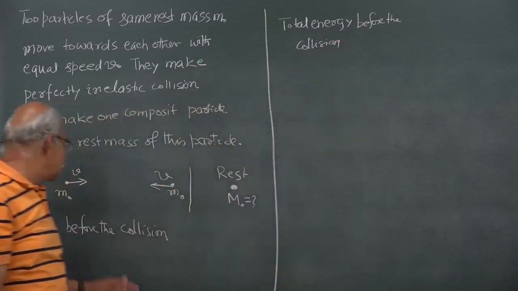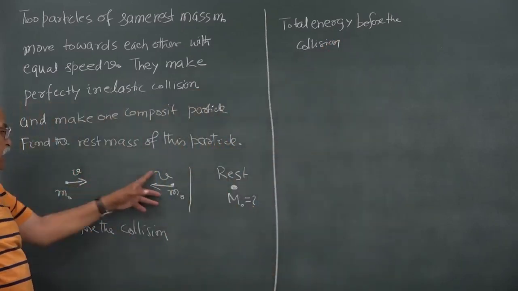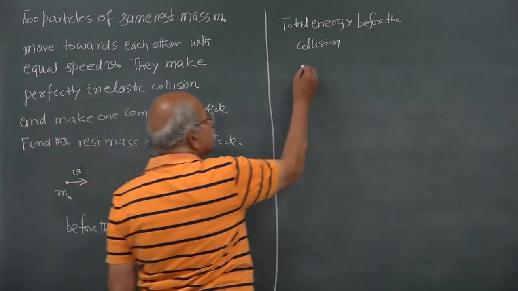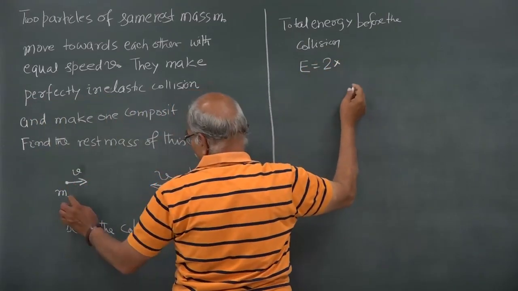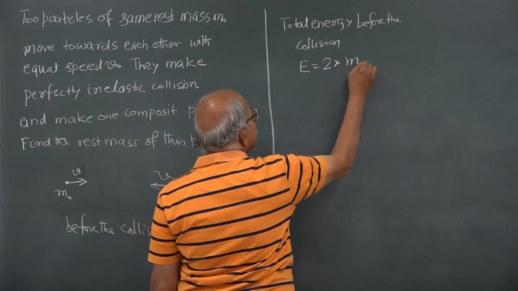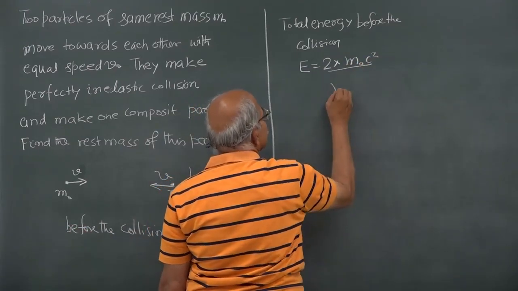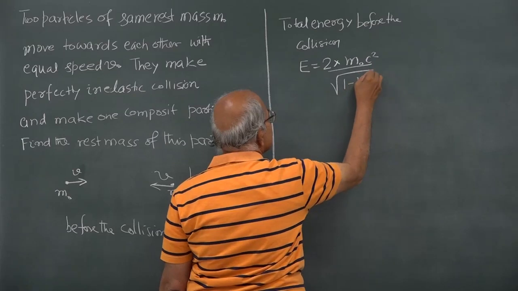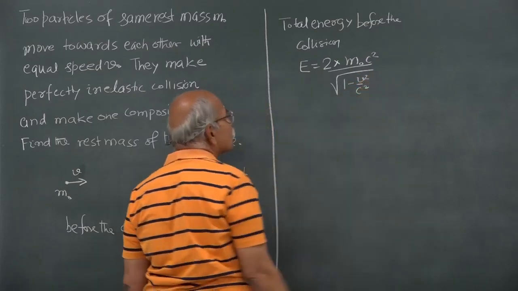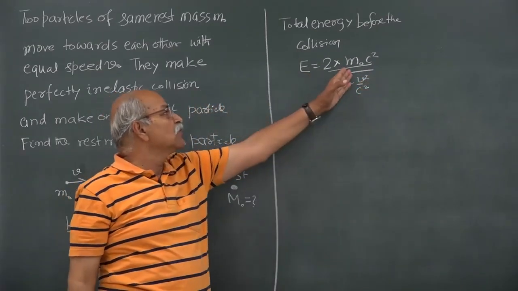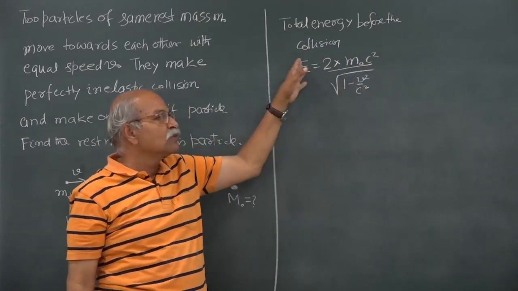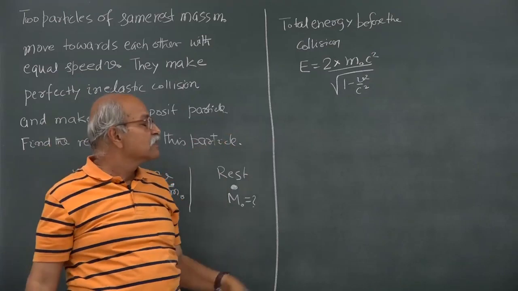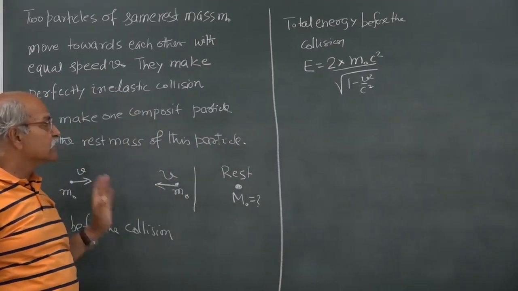It is E equal to 2 times m naught c square by square root of 1 minus v square by c square, that is 2 times m naught c square into gamma, the total energy of the two particles before the collision.